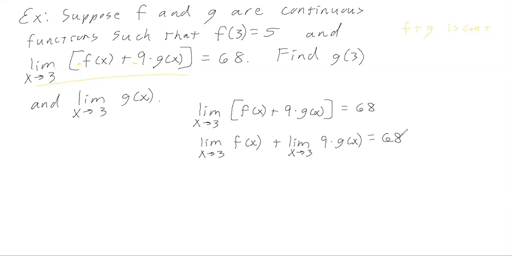What else did we say in that earlier section? We said if we have a constant times a function like this that we're taking the limit of, we can pull this constant to the front here. So I can do a rewrite: limit as x approaches 3 of f of x plus 9 times the limit as x approaches 3 of g of x is equal to 68.